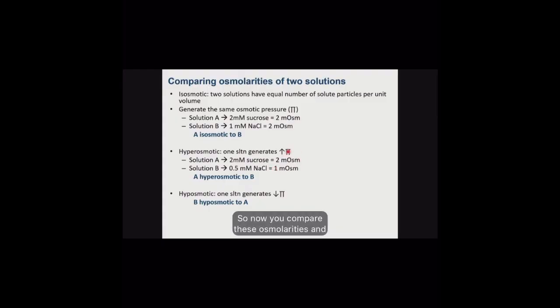So now you compare these osmolarities and you see that solution A has a higher osmolarity than B. Then A is hyperosmotic to B. And in that same train of thought, then B is hyposmotic to A, because B is going to be the solution that generates the lower or less osmotic pressure. Does that make sense, everyone? Yeah? Okay. Anybody needs me to repeat this? We're all good? Okay. All right.